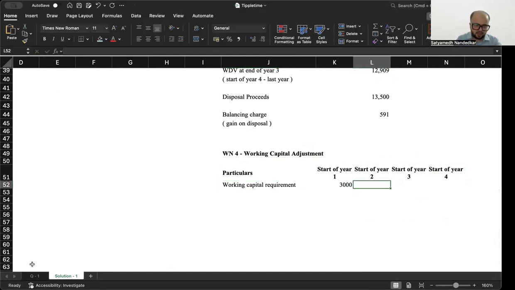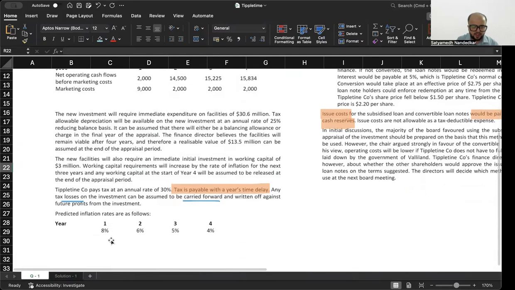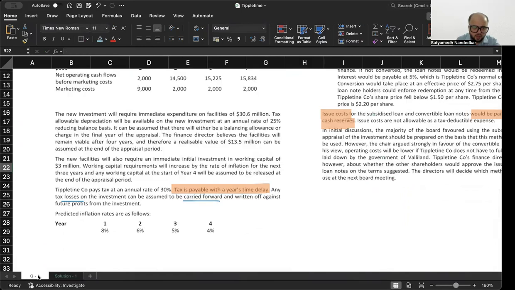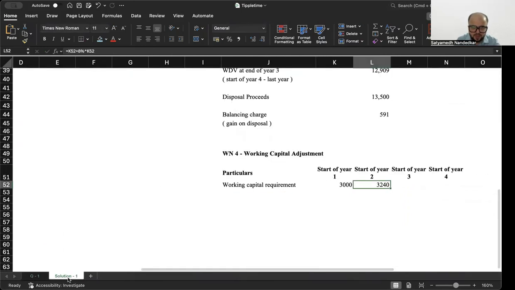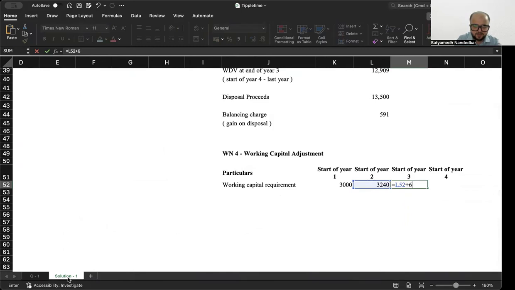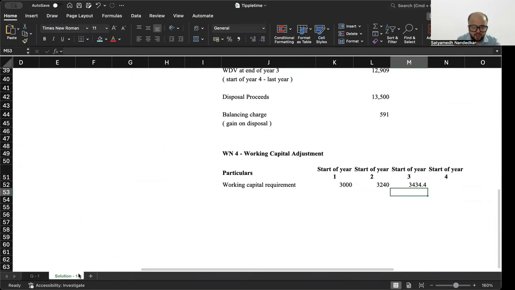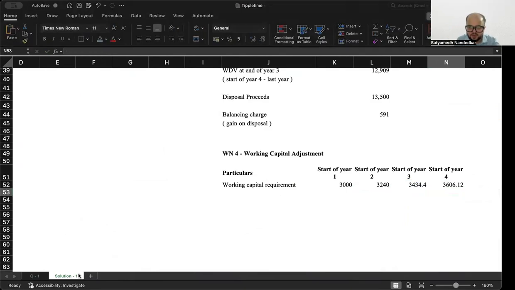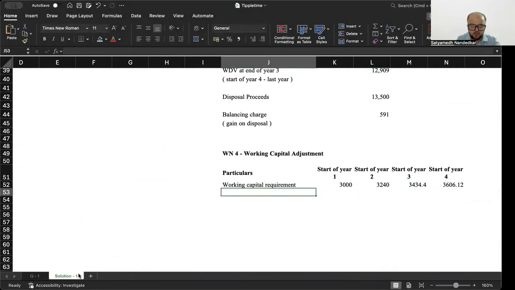Then at the start of year 1, then it increased by 8%. There was inflation of 8% in year 1. So at the start of second year, your working capital requirement was 3240. Then there was an inflation of 6%. This plus 6%. Okay. Then there was an inflation of 5% in year 3. So at the start of year 4, your total working capital requirement was 3606. So let's get the working capital flows.